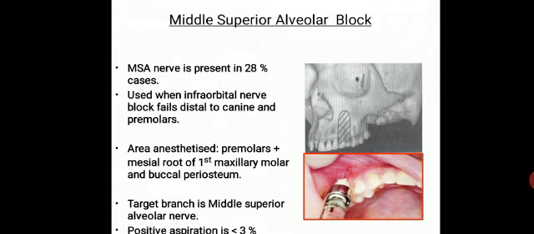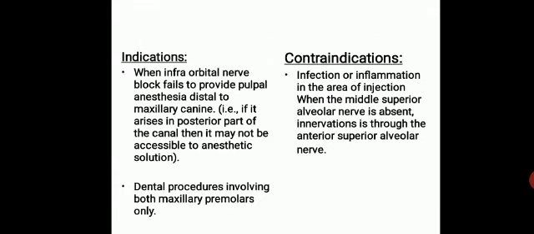Now the anatomic landmarks. Mucobuccal fold above the maxillary second premolar. The advantages for this nerve block are it minimizes the number of injections and volume of solution.